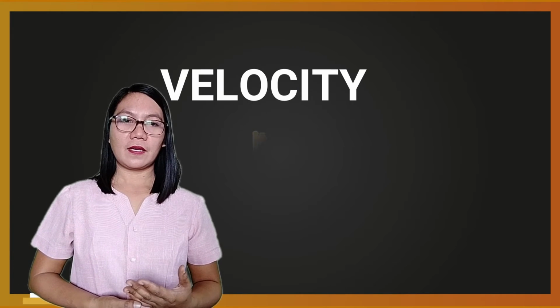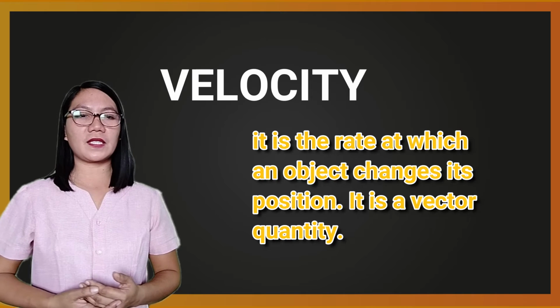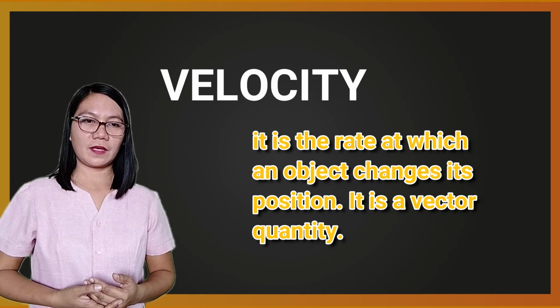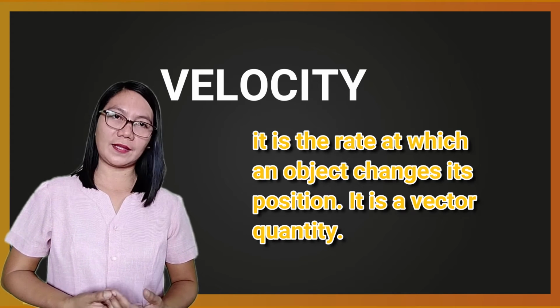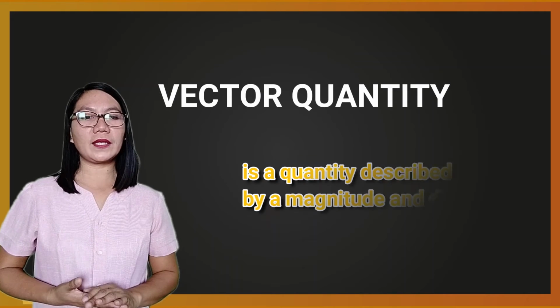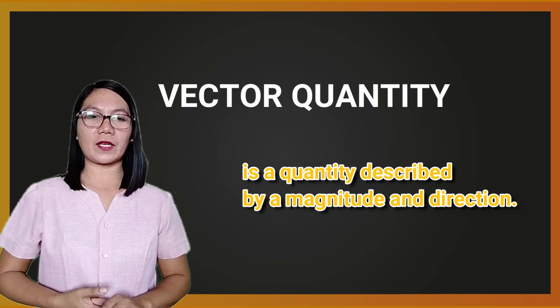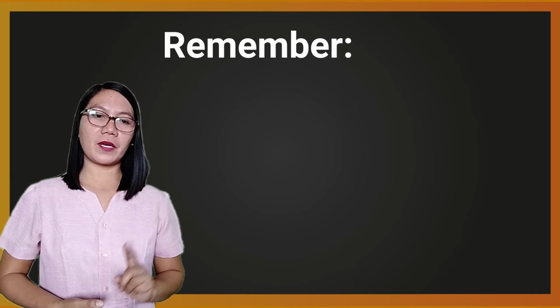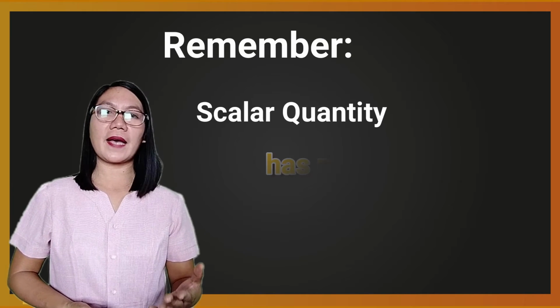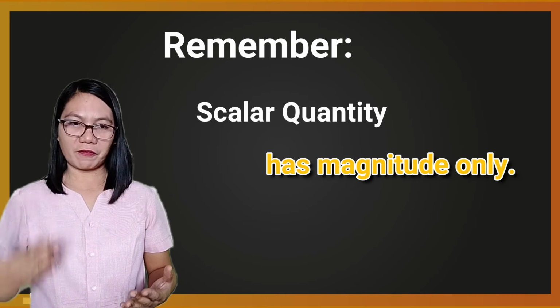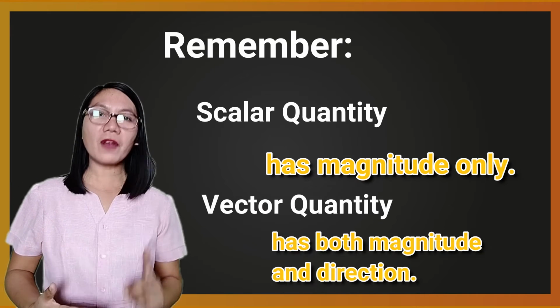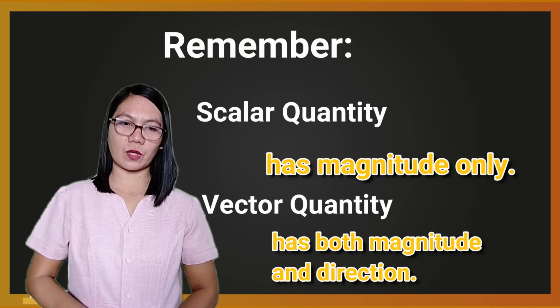Velocity is the rate at which an object changes its position. It is a vector quantity. A vector quantity is a quantity described by magnitude and direction. Always remember that a scalar quantity has magnitude only, while a vector quantity has both magnitude and direction.